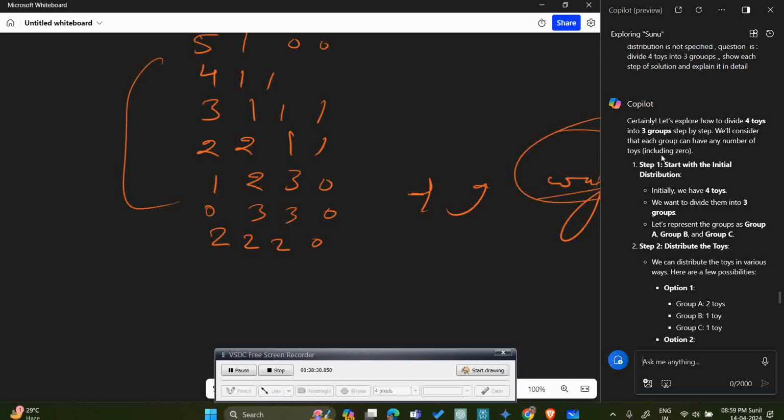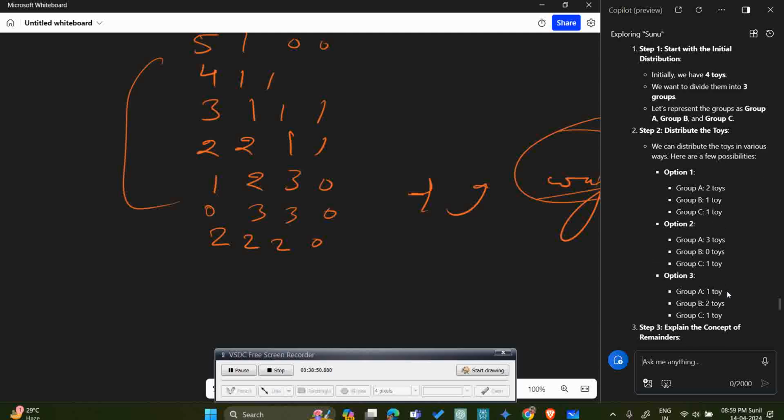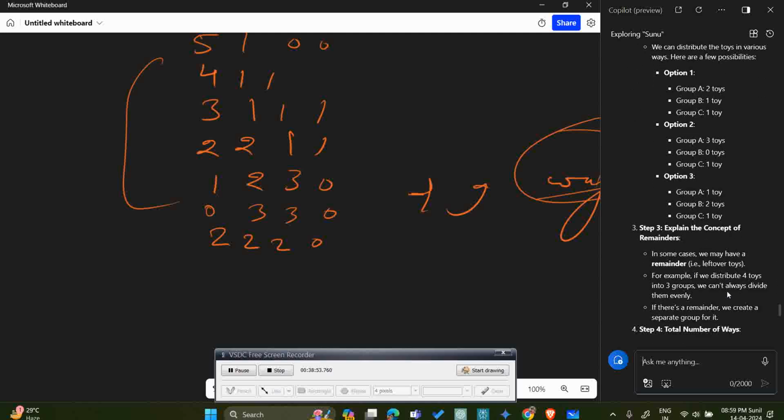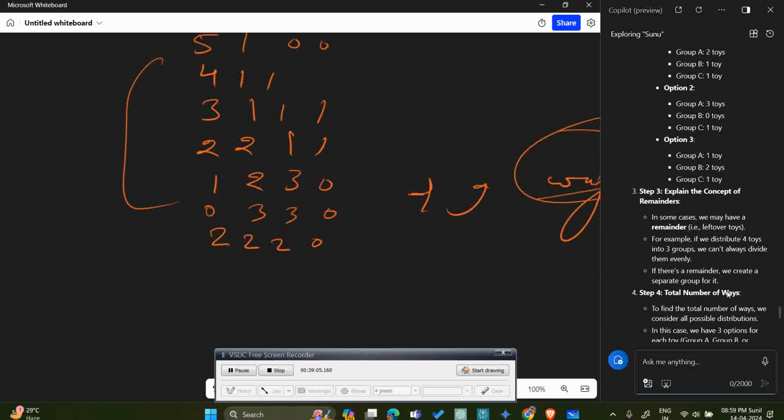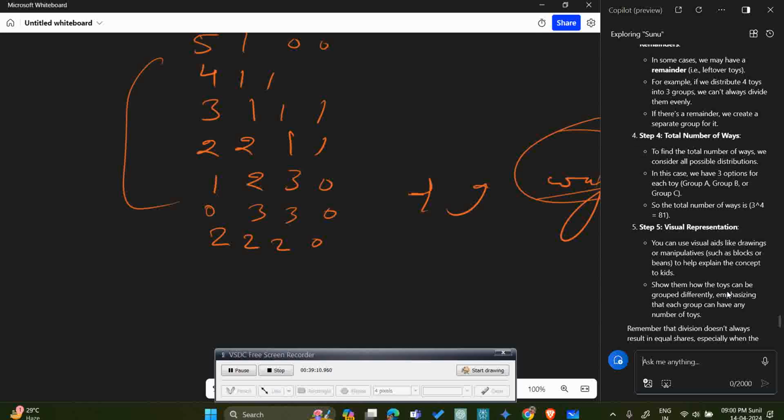We will consider that each group can have any number of toys. So start with the initial distribution. We have 4 toys. We want to divide them into 3 groups. Let's represent groups by A, B, C. To distribute the toys, we can distribute them in various ways. So, group A 2 toys, 1, 1, 3, 0, 1, 1, 2, 1, like that. In some cases, we may have a remainder which has leftover toys. For example, if we distribute 4 toys into 3 groups, we can't always divide them evenly. If there is a remainder, we can create a separate group for it.